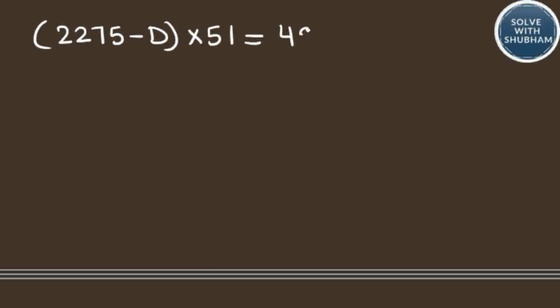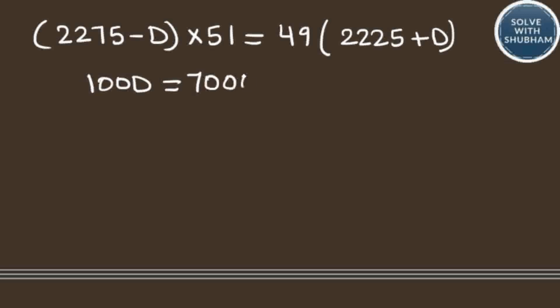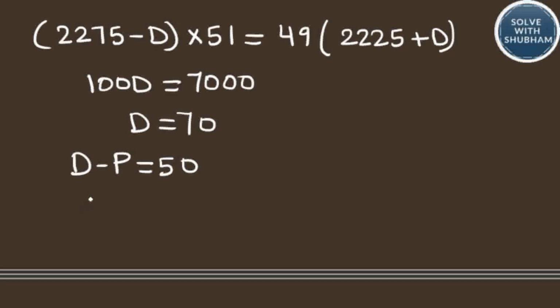Let us try solving it. They're big numbers, but we can try. 2275 minus D into 51 is equal to 49 into 2225 plus D. So you basically get 100D is equal to 7000, D is 70, D minus P is 50, so P will come as 20.